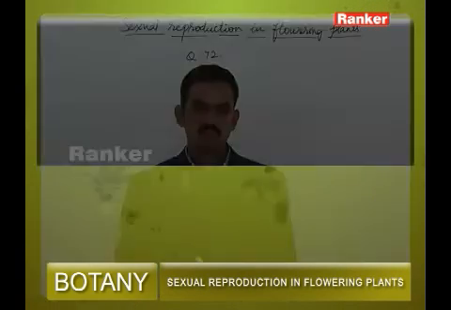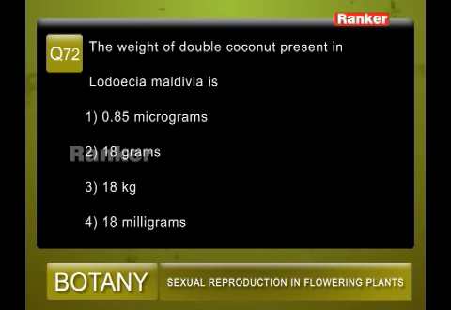Question number 72, the weight of double coconut present in Lodoicea maldivica is: options: 1 0.85 micrograms, 2 18 grams, 3 18 kg, 4 18 milligrams.